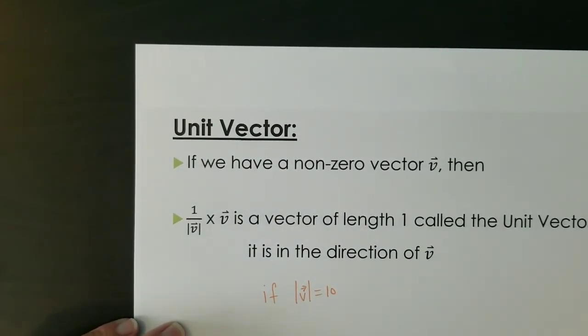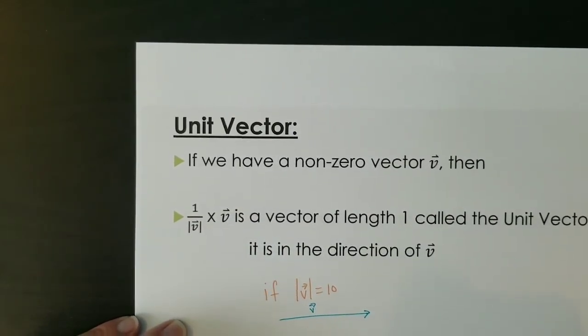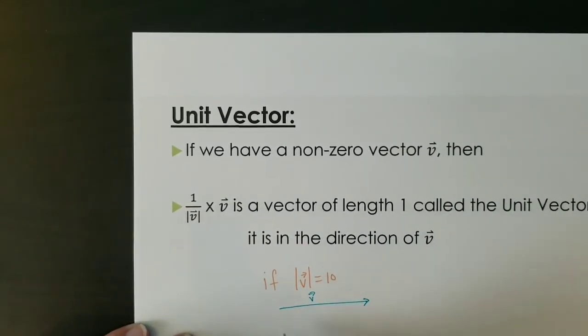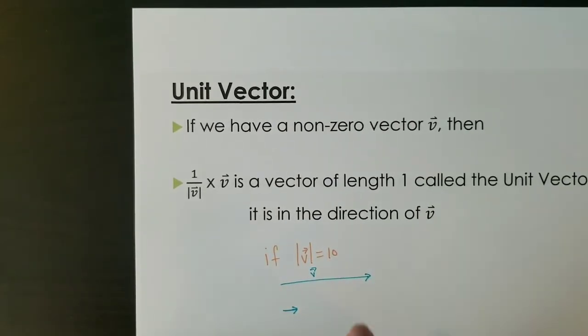Okay, so say, for instance, there's vector v. If we want to take 1/10 of that, I don't know what scale I'm measuring in here, that could give v hat, which is 1/10 of v.